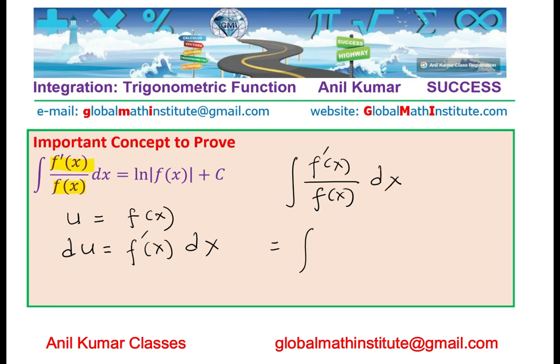Well, it is equal to 1 over u du, correct? Simple. And definitely this integral is ln absolute value of u plus c. Makes sense, right? So that is the basis for all the four proofs.